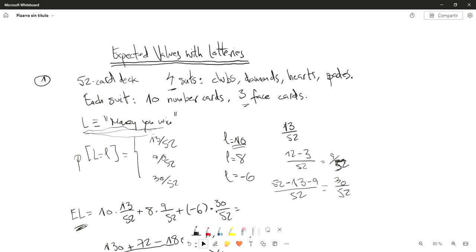That's why we have here 9 over 52 for L equal 8, which is the money you win.